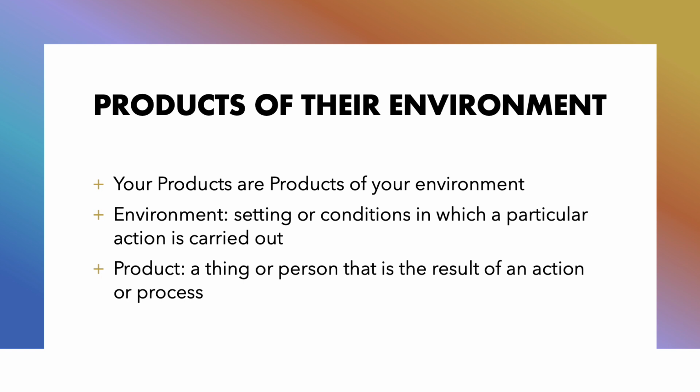You're a processor, so your product, a thing, is a result of an action of a process. The process is carried out in a particular environment, setting, or conditions. Don't forget that. 21 CFR 117 subpart B covers people and the environment. The 8 areas of sanitation are required to be in compliance with the GMP regulation.